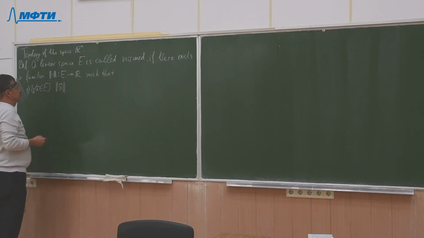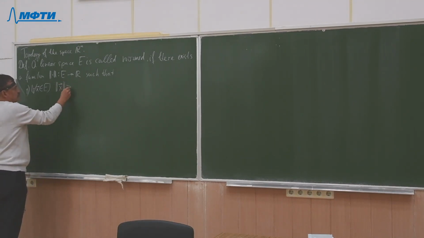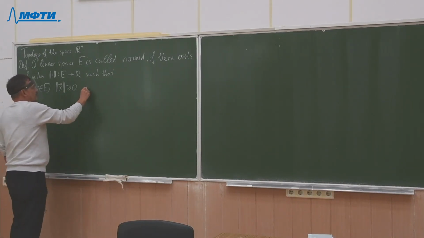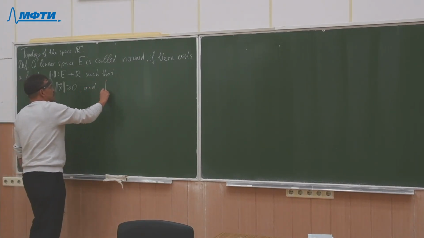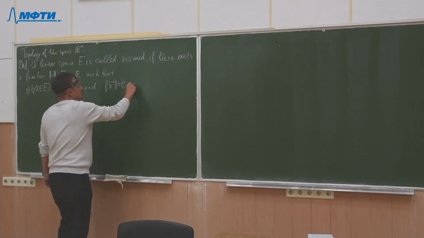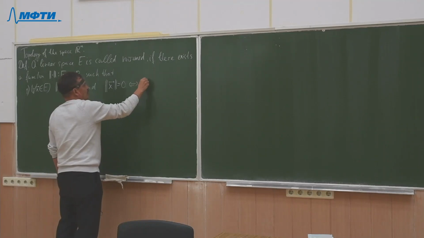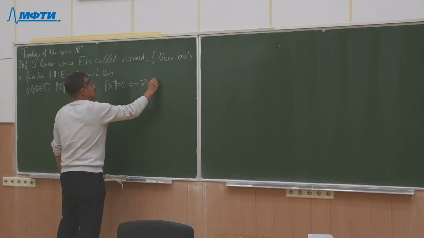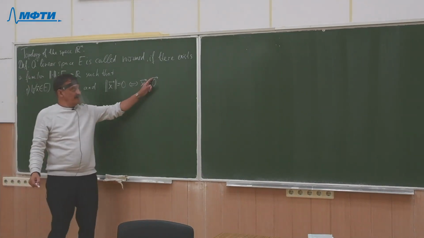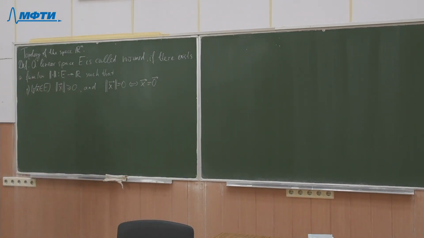The norm of a vector is non-negative, and the norm is equal to 0 if and only if x is the 0 vector of the space E. I indicate by arrow this is a 0 vector.